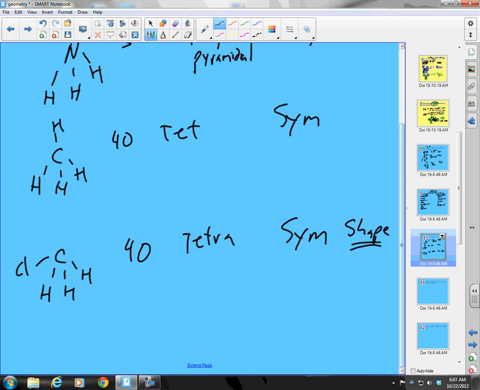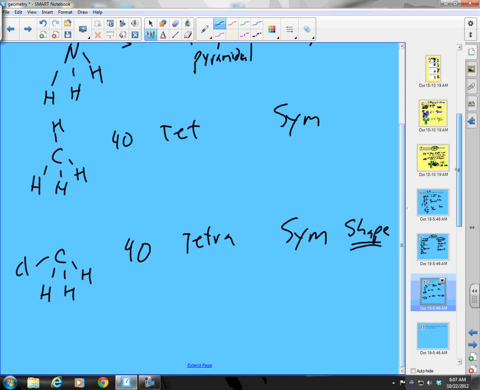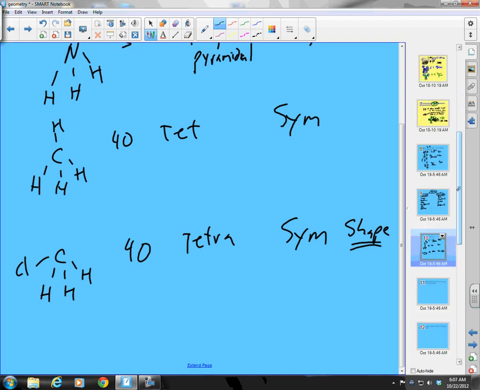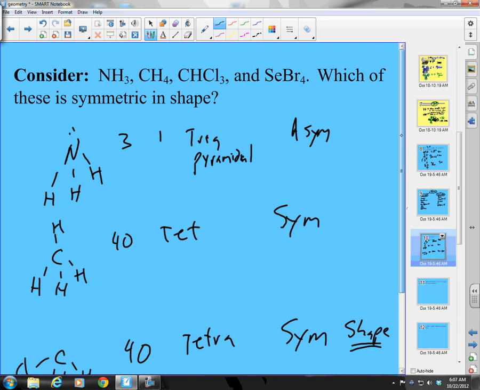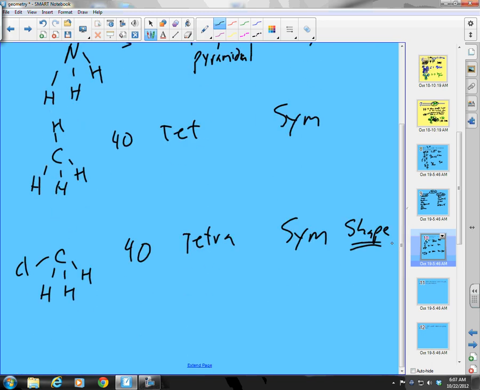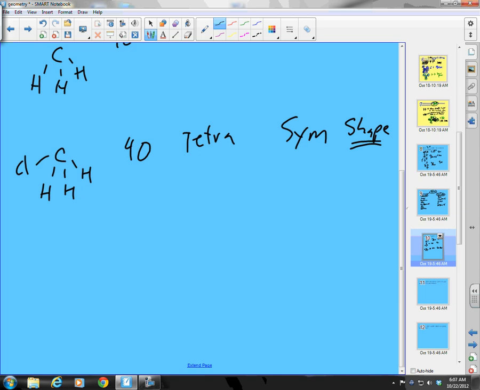And you notice I am emphasizing shape here, which means I'm going to drop another shoe in a few minutes, right? Good. And when we go up here, what's the last one? Selenium tetrabromide. Selenium is a 6 plus 28. Looks like 34 to me, right?